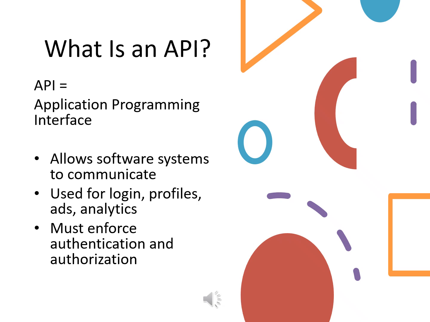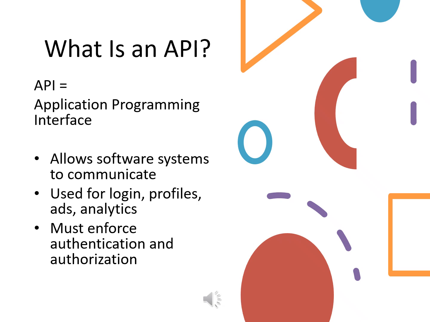An API, or application programming interface, allows different software systems to communicate and exchange data. Instagram relies heavily on APIs for its mobile applications, web services, advertising systems, analytics tools, and internal operations. APIs are essential for modern platforms, but they are also a major attack surface.